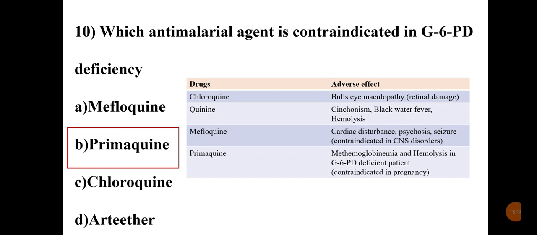Then mefloquine: cardiac disturbances like prolongation of QT, that we have already seen. Then also psychosis, seizures, so it is contraindicated in CNS disorders, that we have also seen. Primaquine: methemoglobinemia and hemolysis in G6PD deficient patients, and also contraindicated in pregnancy.